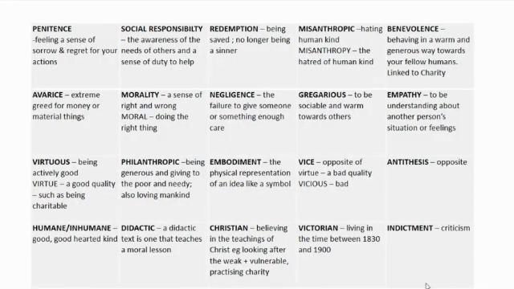Now, at the end of every PowerPoint we've been sending you, there is this vocabulary grid. So far, we have had a look at misanthropic, philanthropic, and I will find it. Empathy, there it is, second row, empathy. Okay, so you should be able to use these words.